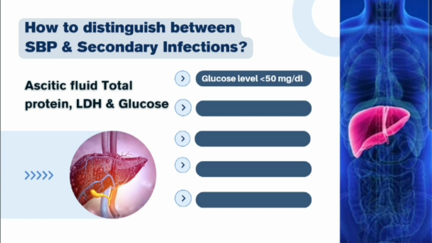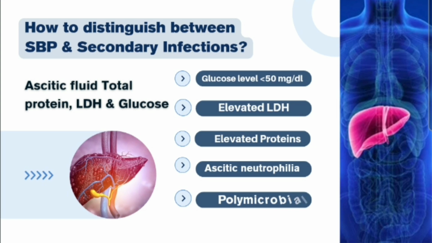Up to two-thirds of patients with secondary bacterial peritonitis have at least two of the following: glucose level of less than 50 mg per deciliter, elevated LDH that is more than that of serum, elevated total protein more than 1 gram per deciliter, ascitic neutrophil count of more than 10,000 per microliter, and the presence of multiple organisms on ascitic fluid gram stain or culture. And this is diagnostic of secondary peritonitis.